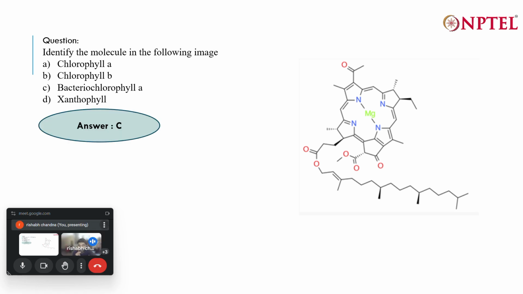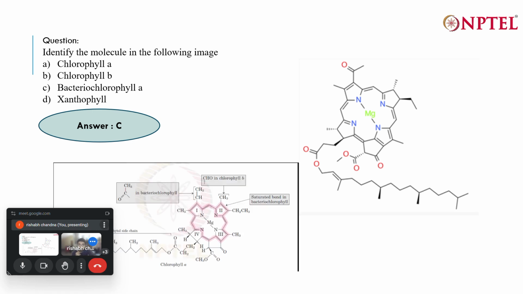So the correct answer is option C. It's bacteriochlorophyll A. This is a different, nearly the same structure.